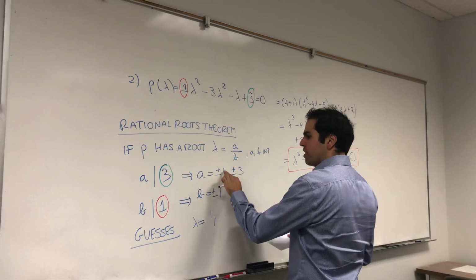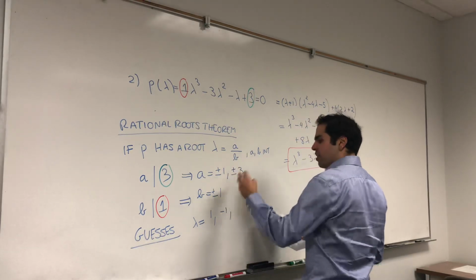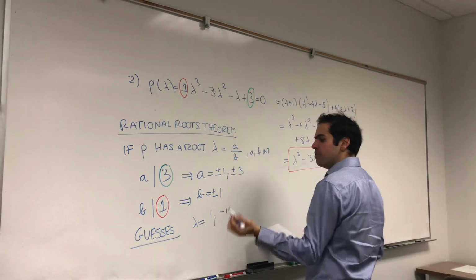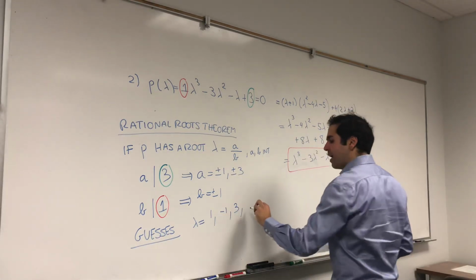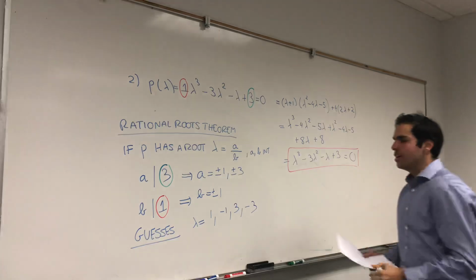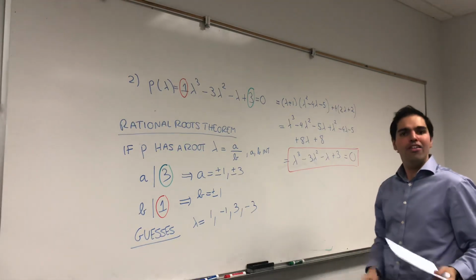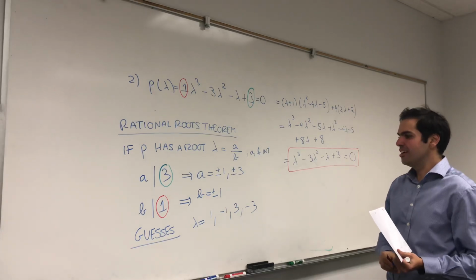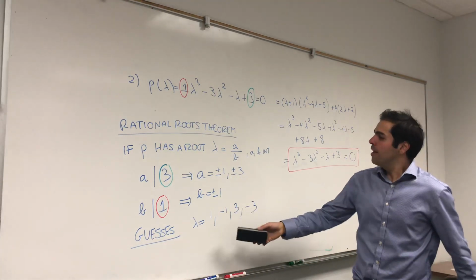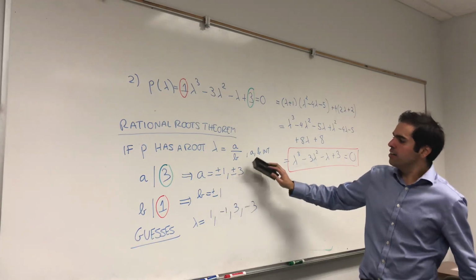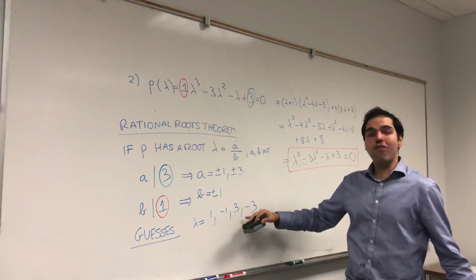And then the guess with a is 1, b is minus 1, so minus 1. And then same thing, so if a is 3 and b is 1, we get 3. And if a is 3 and b is minus 1, we get minus 3. And hopefully you should be convinced that those are really all the possible combinations. They're none other. And basically it'll always be like plus or minus some fraction of the two. So now those will give us our 4 guesses.